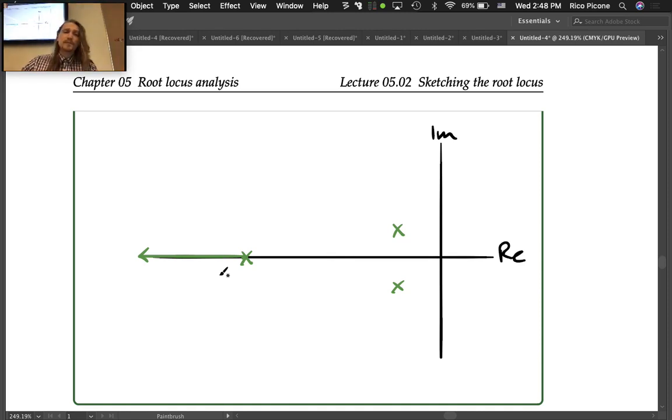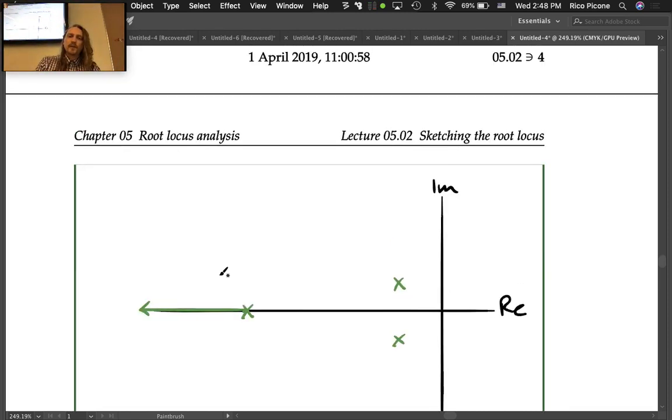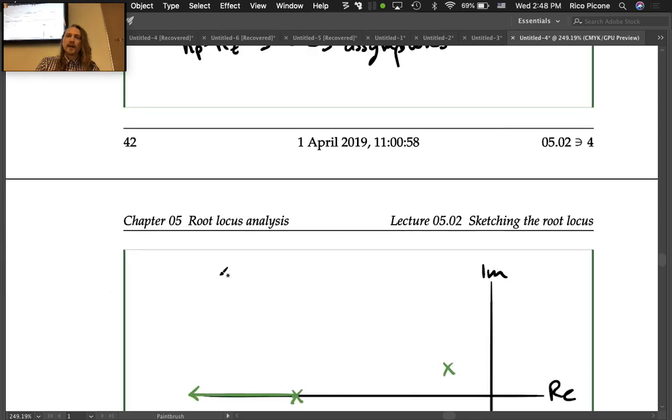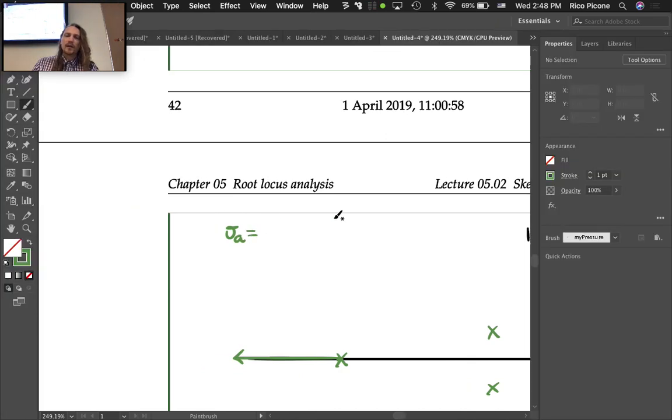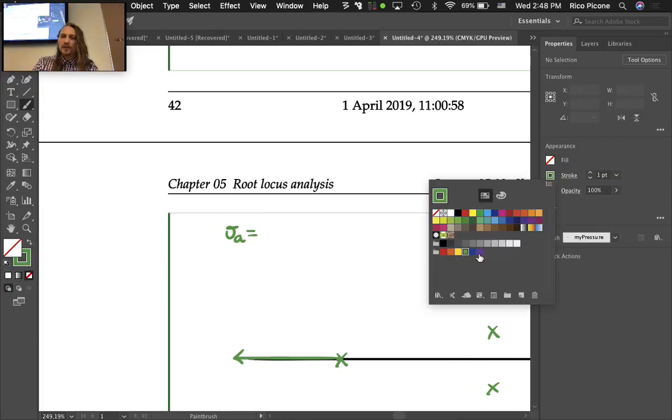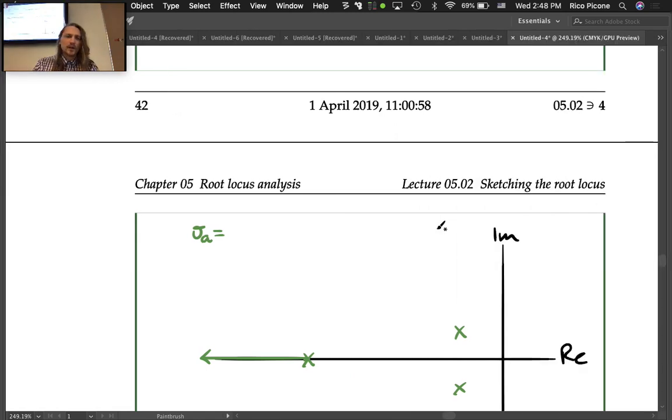But we need 2 other asymptotes. And so let's go ahead and compute where the real axis, and I'll switch over. I'll do the asymptotes in purple. The real axis intercept of the asymptotes is going to be -5, the sum of the poles, so -5 minus 1 minus 1. I just used the real part, right?